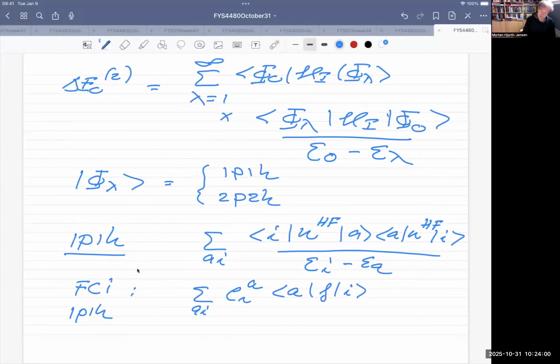Now, what we said yesterday is that we assumed F as an operator is given by H0 plus this U Hartree-Fock.